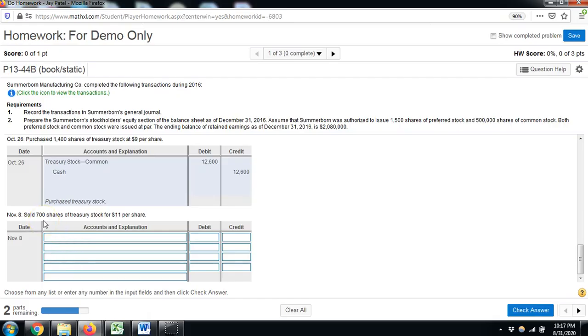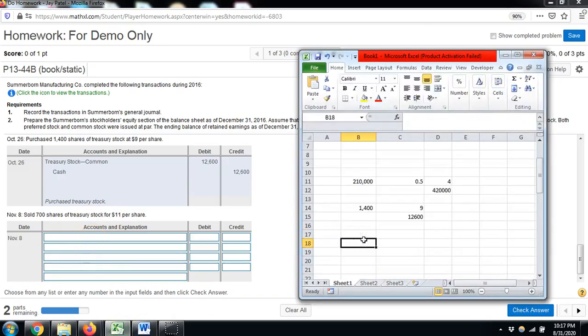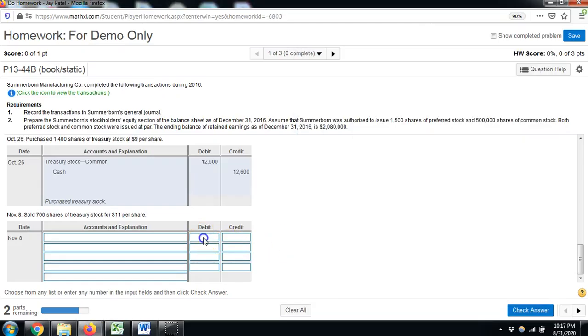Okay, now we sold 700 shares of treasury stock for $11 per share. So it looks like we made a little profit here. We bought from the market at 9, now we're selling at 11. So let's do the math. $11 a share times 700 shares is $7,700.